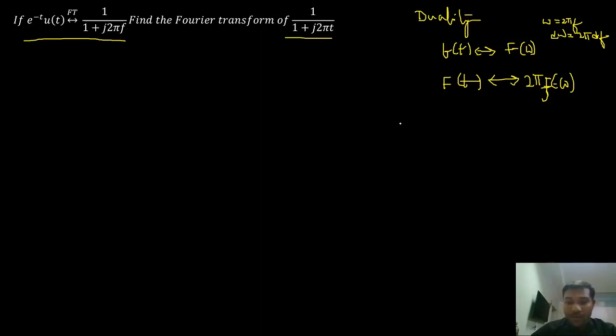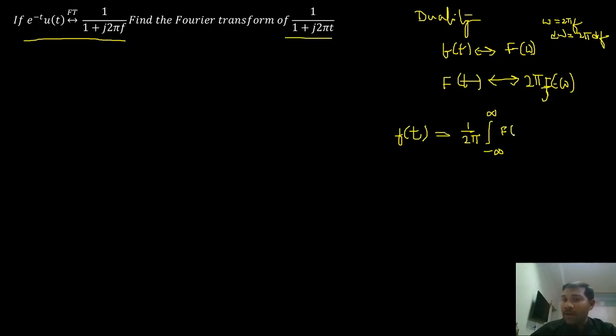So I have my inverse Fourier formula, right? f of t is equal to 1 by 2 pi integral minus infinity to infinity capital F of omega, where capital F is a function of angular frequency omega.